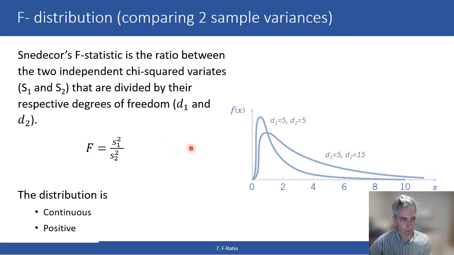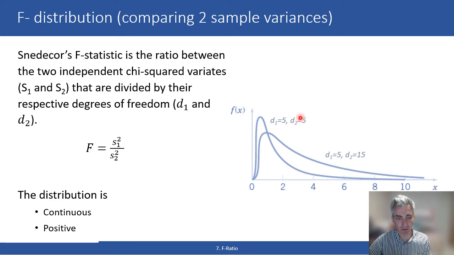Because you have two variances here, there are 2 degrees of freedom that we would need to find the corresponding critical F value for. D1 is the degrees of freedom on the numerator, D2 is the degrees of freedom on the denominator.